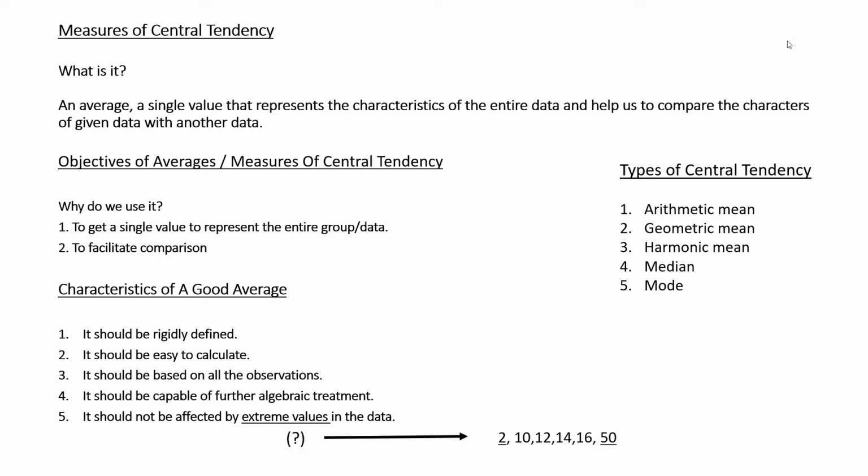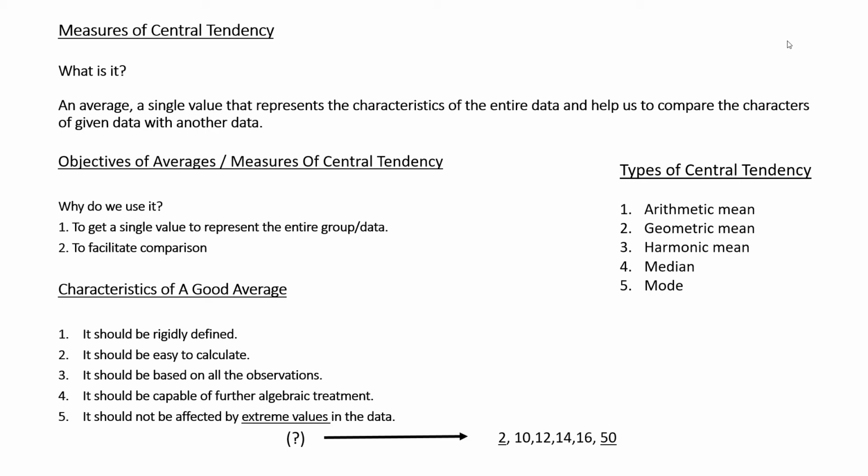Now the fourth characteristic or the feature is that the good average should be capable of further algebraic treatment. It means that when you have calculated the average, you should be able to use it in some other calculations.